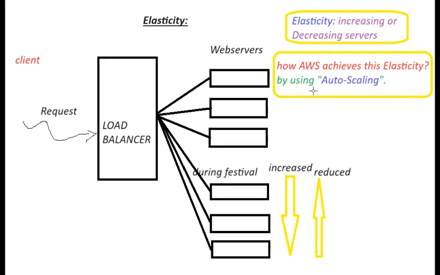Since it is an important point, I can put it in a yellow color box. In future, this is a very important concept: auto scaling. Even when we are increasing or reducing our servers, this is very important.